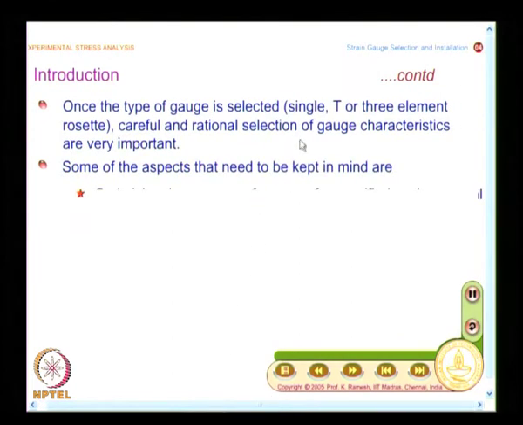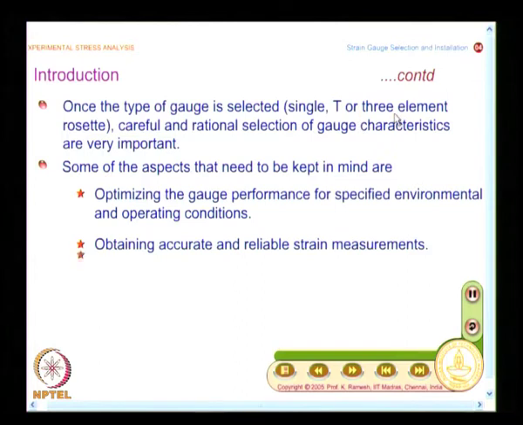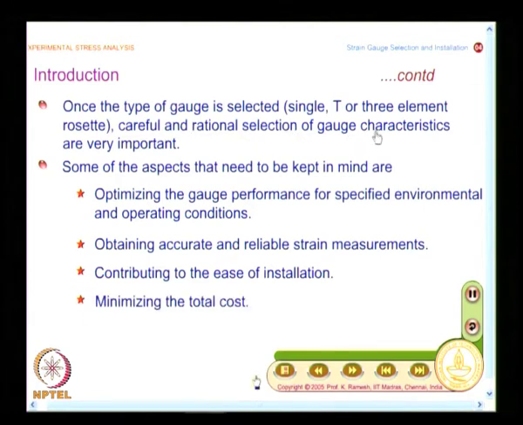So, once you decide that in these locations you need a single strain gauge, a T rosette or a 3 element rosette, you have to make a careful and rational selection of gauge characteristics for the given application. And what are the aspects that you need to keep in mind? You need to optimize the gauge performance for specified environmental and operating conditions.